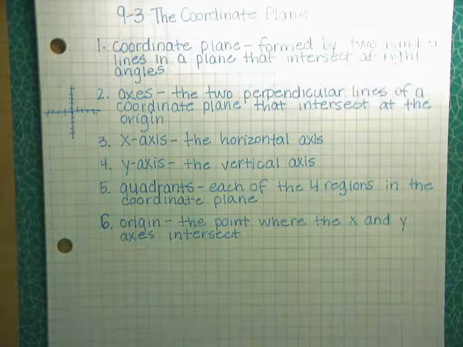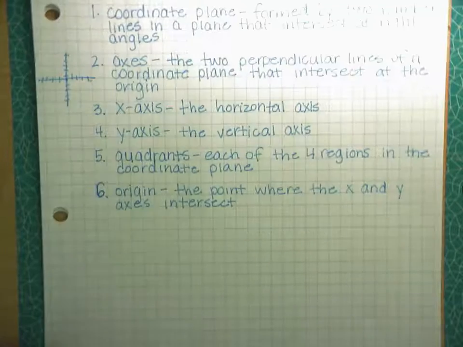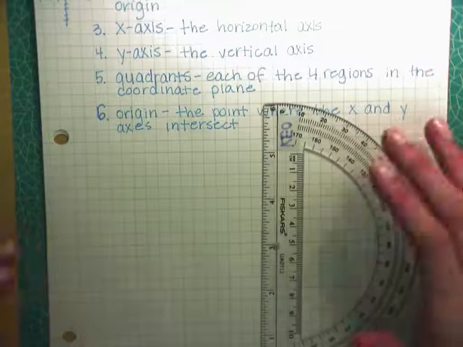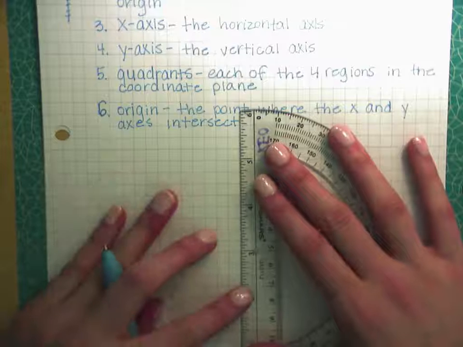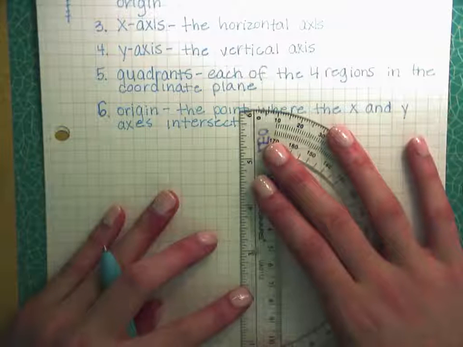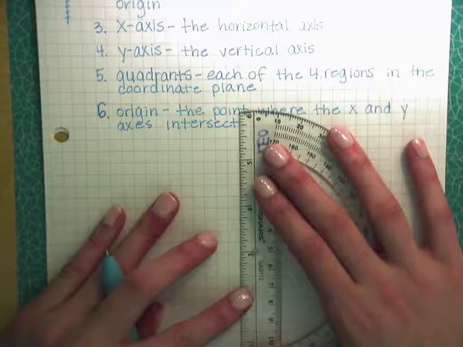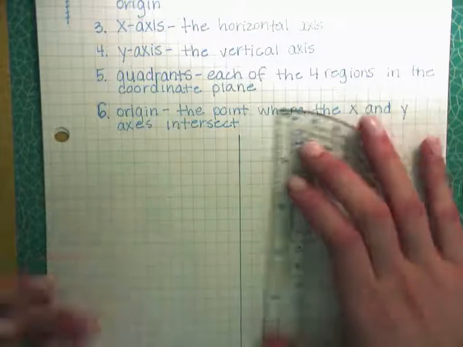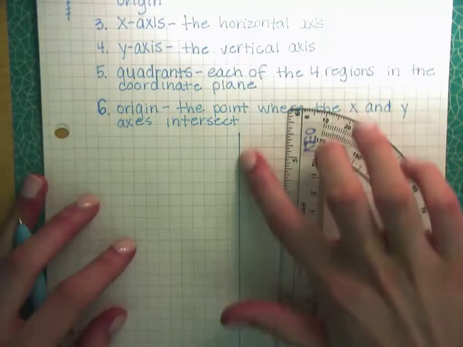All right, so we are going to draw and label a coordinate plane. If you have a ruler or a protractor, get that out, and if you need to pause the video to go get one, you can do that. If you've got a ruler, you can use it to create this very straight line right on one of these grid lines.